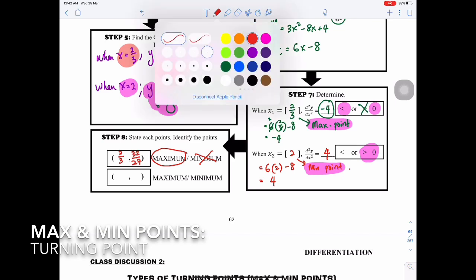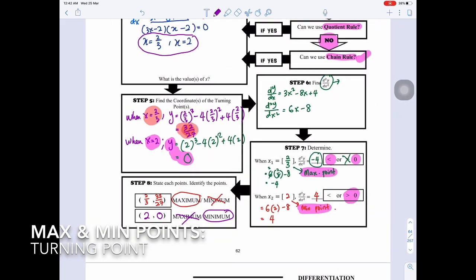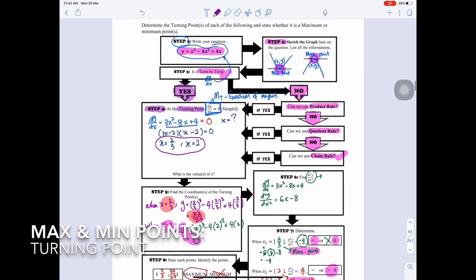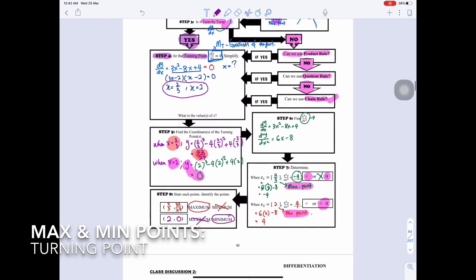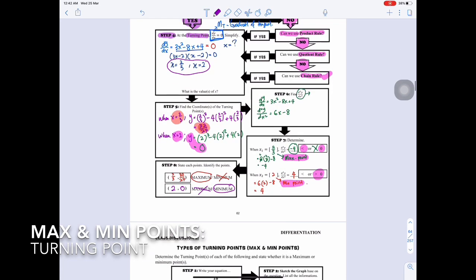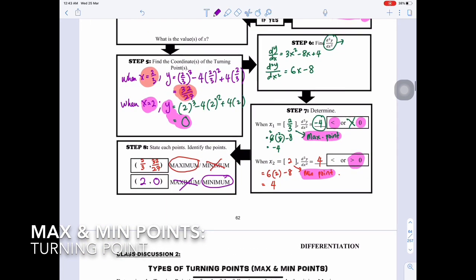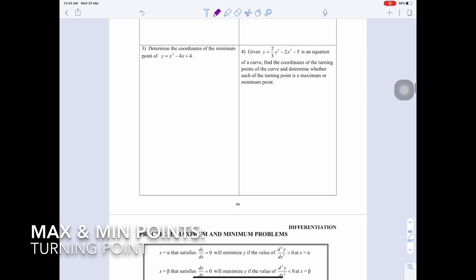But if x equals 2, y equals 0, it is a minimum point, not maximum. So this flowchart shows you step by step how you can determine the maximum or minimum points.